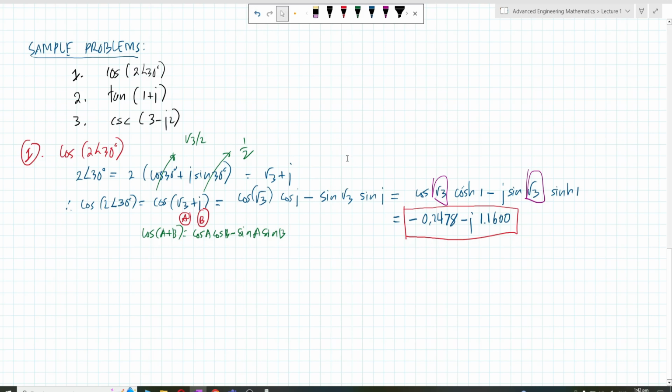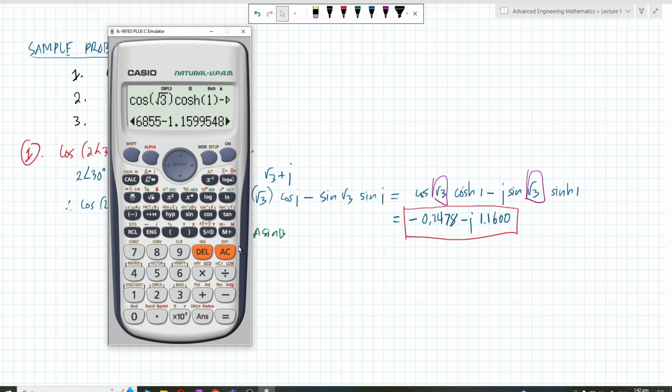Pakita ko guys na yung mode pag naka-hyperbolic ay walang problema. Mag-degree ako guys. Yung hyperbolic sine of 1, pag naka-degree, 1.175, and then pag naka-radian, same lang yan guys.